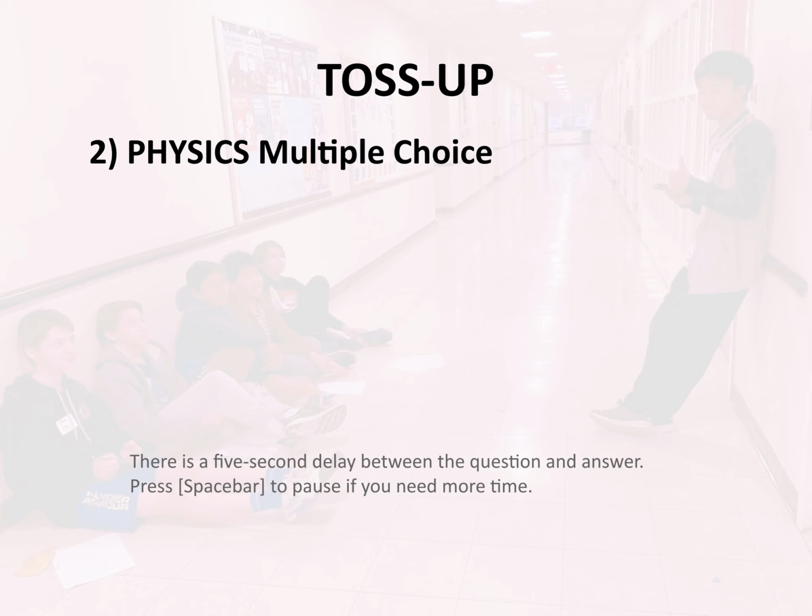Toss-up 2. Physics. Multiple choice. A train approaches a station with a velocity of positive 15 meters per second relative to the ground. If a person on the train is moving towards the rear of the train at a speed of 1.5 meters per second relative to the train, what is the velocity, in meters per second, of the person relative to the ground?